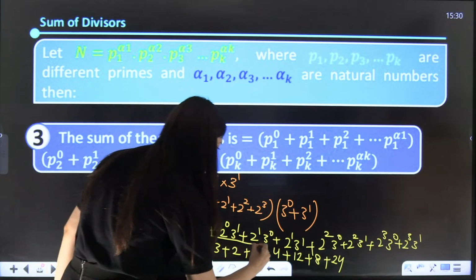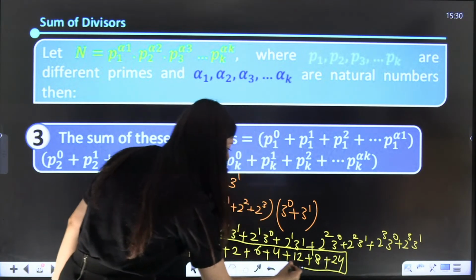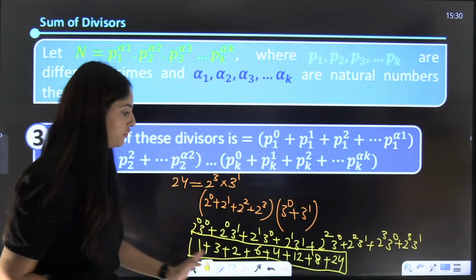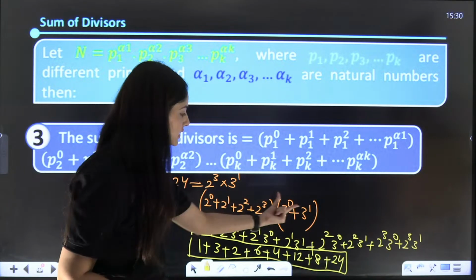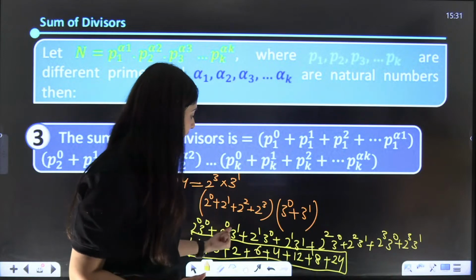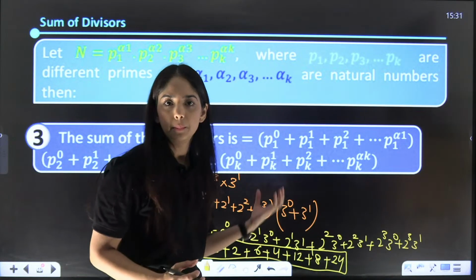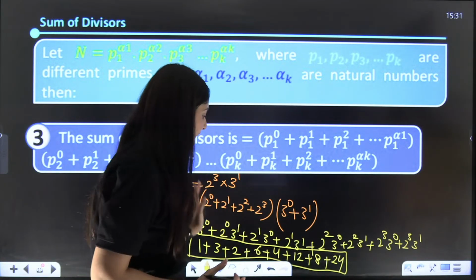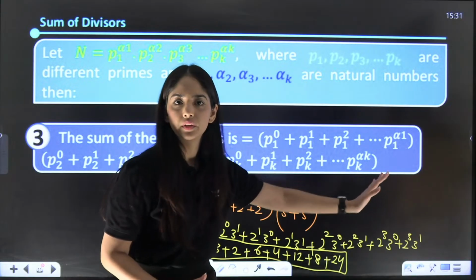This is nothing but all the divisors and we are finding the sum. So if we just find this sum, it is easier because we have to find the individual brackets and just multiply instead of adding all of these numbers, right?